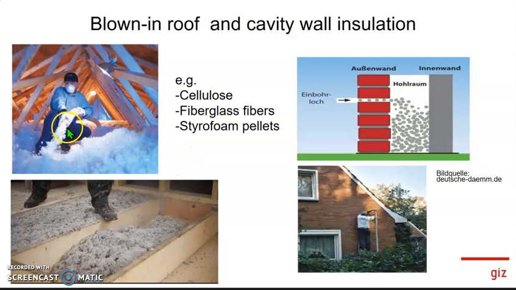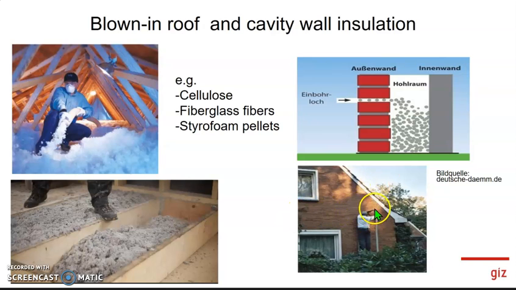So you can blow it like this guy is doing under the roof, or you can fill up the roof there, or you can blow it into the cavity wall like this guy is doing.